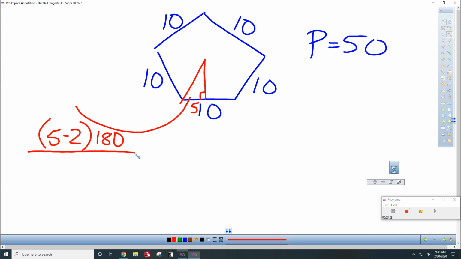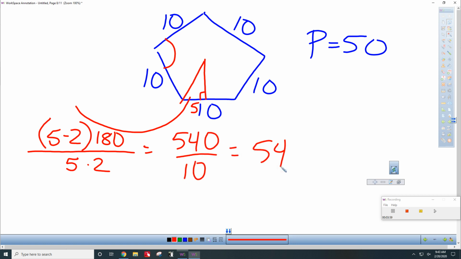What we need to do is divide the bottom not by 5, but by 10. If you divide it by 5, it gives us that one. We actually want to divide it by 5 and then divide it by 2, so we want to divide it by 10. So on the top, you get 180 times 3, I think that's 540. So that's 54 degrees, okay?